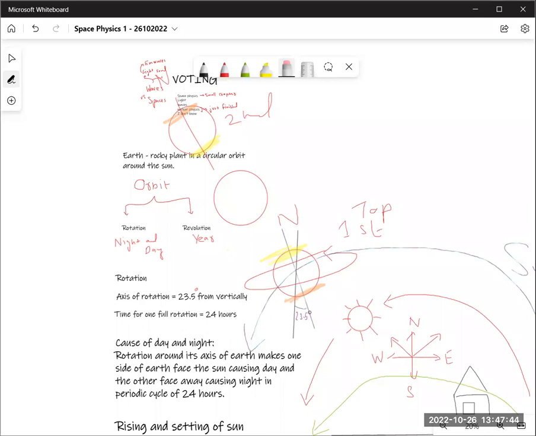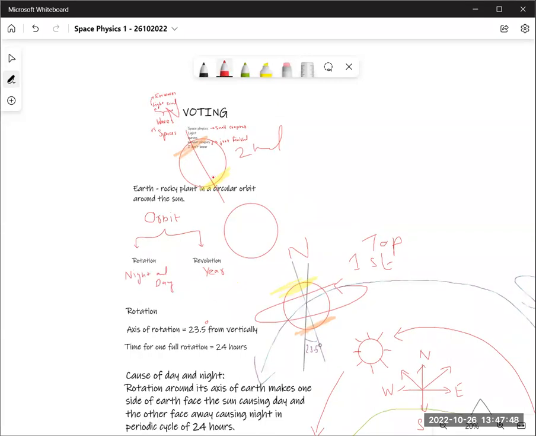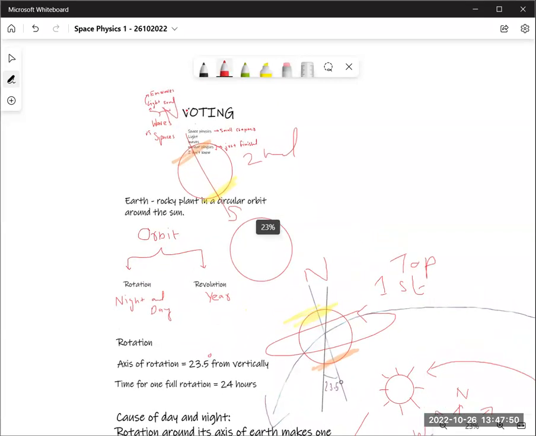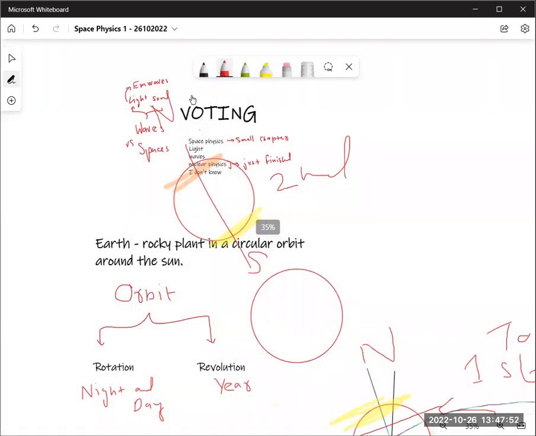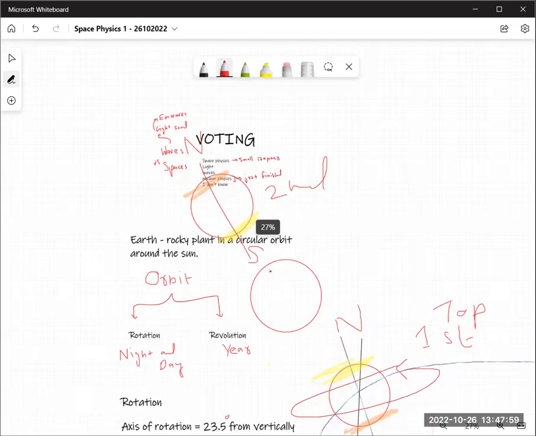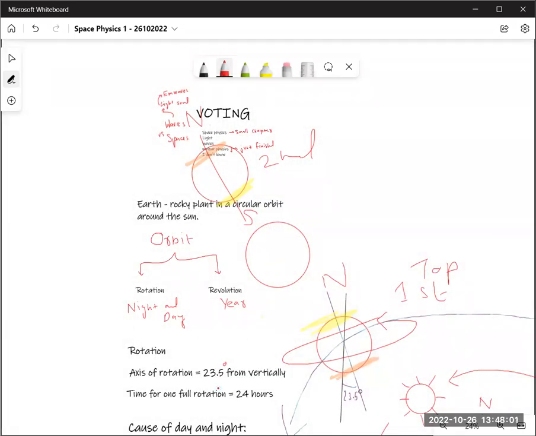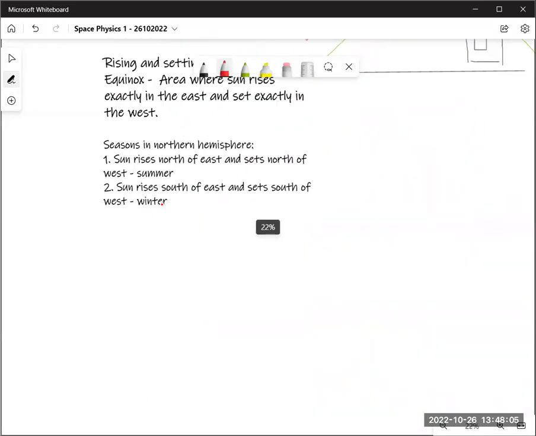Away from it. Therefore, this will cause winter in the north, and summer over here. So the yellow parts are the summer, and the rest are winter, basically, right? I hope that makes sense.